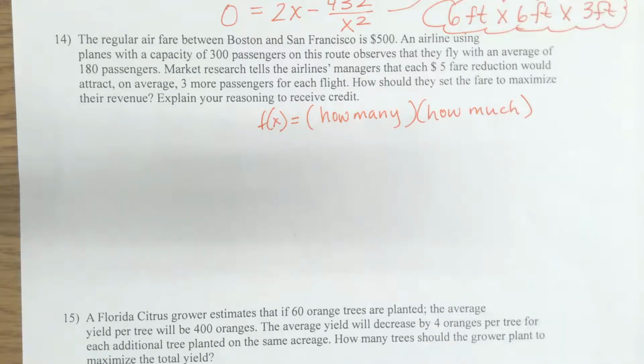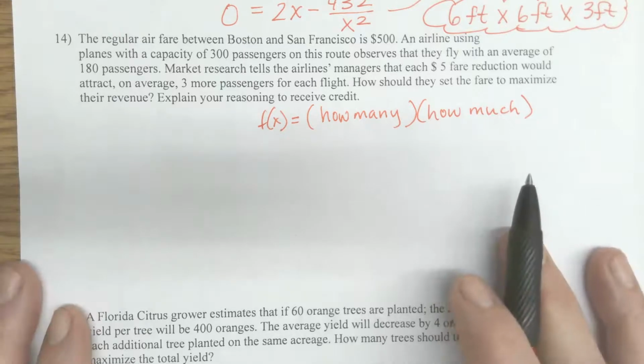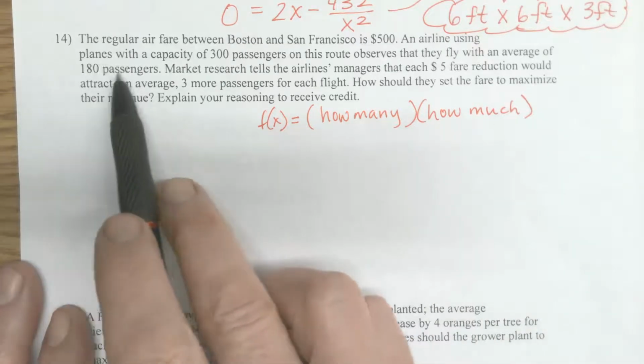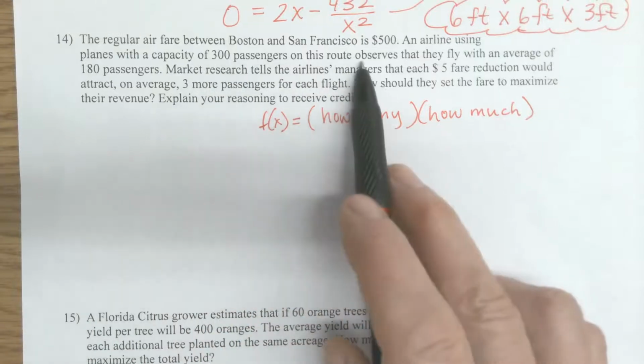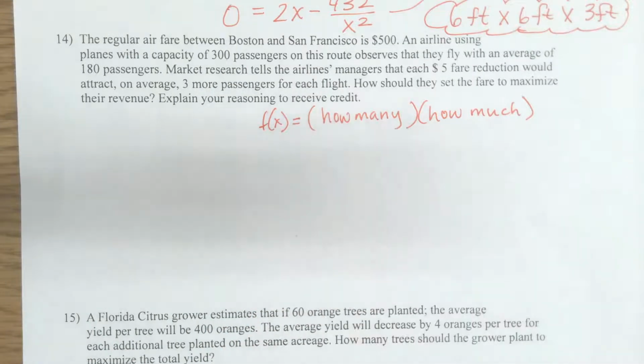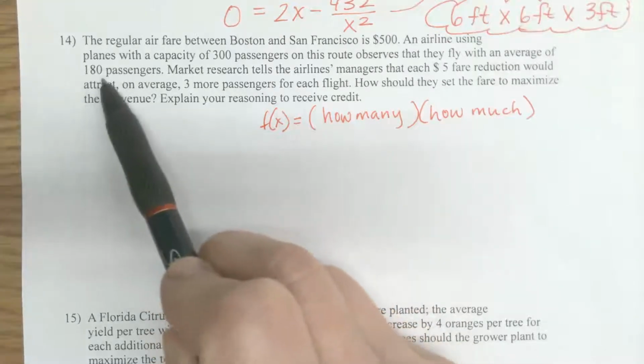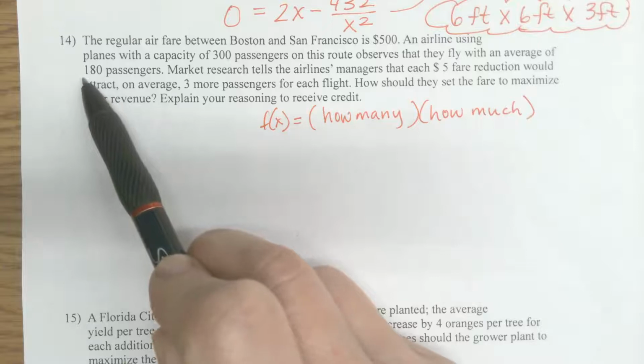Different scenarios. So in our first scenario, we have an airfare between Boston and San Francisco, which is $500. They run this trip regularly. They have a capacity of 300 people on their plane. However, on any given day, they average 180 passengers.